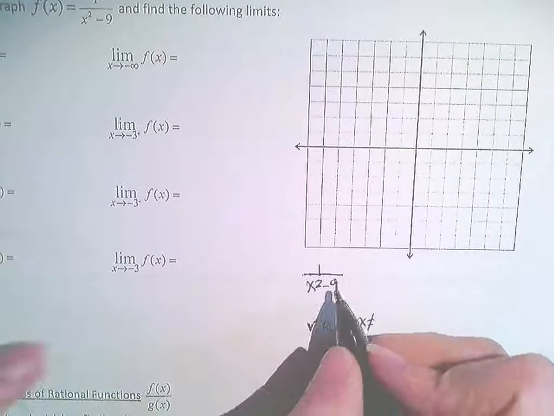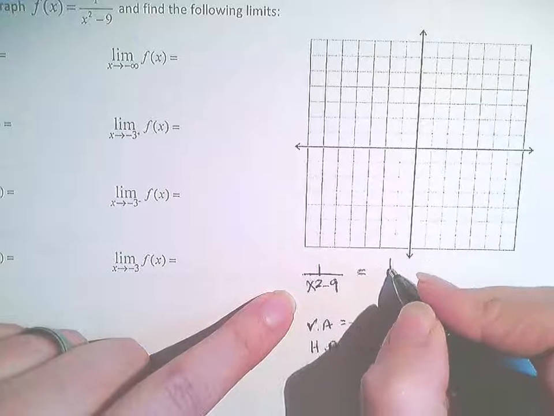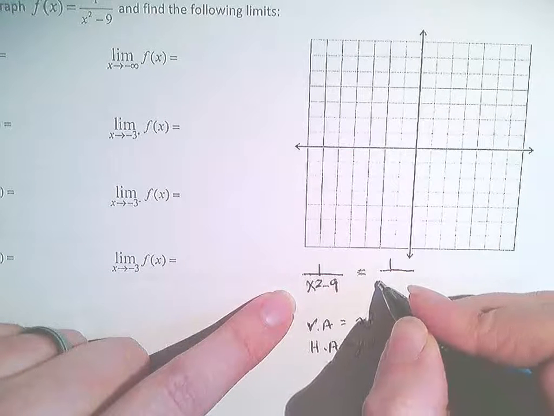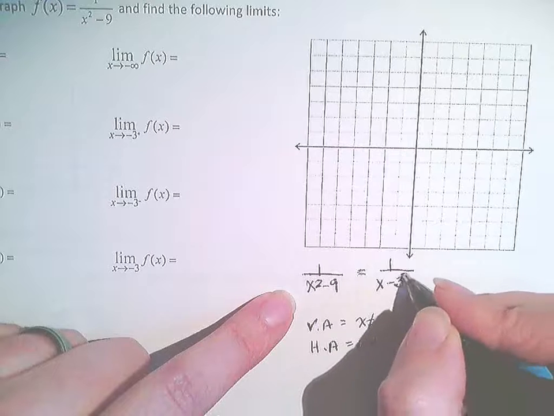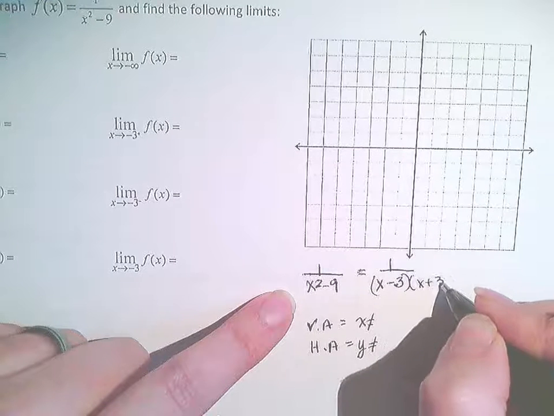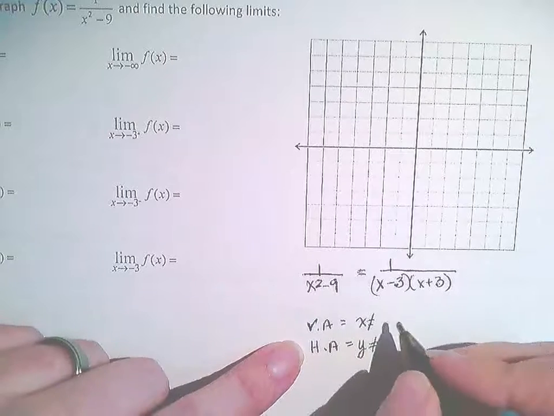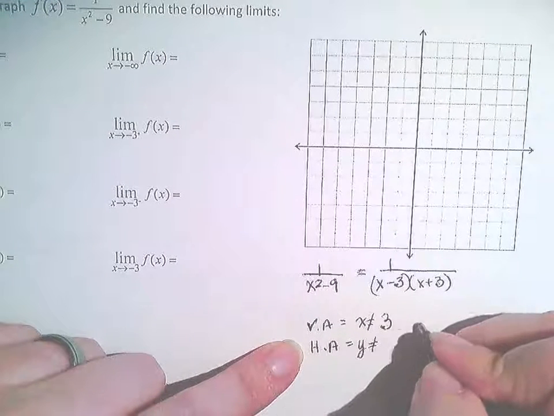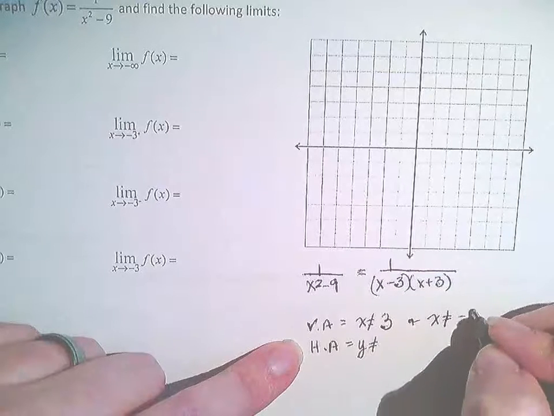Now to find the vertical asymptote, I need to factor the denominator, so that ends up being 1 over x minus 3 and x plus 3 when we factor this out. So x cannot be 3 and x cannot be negative 3.